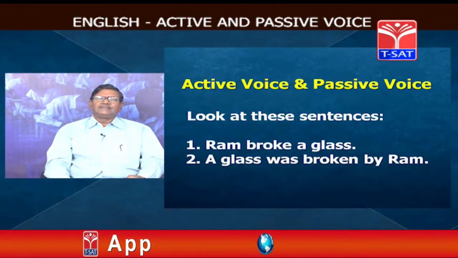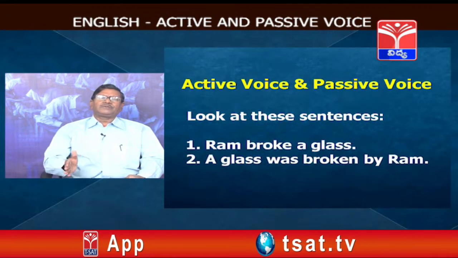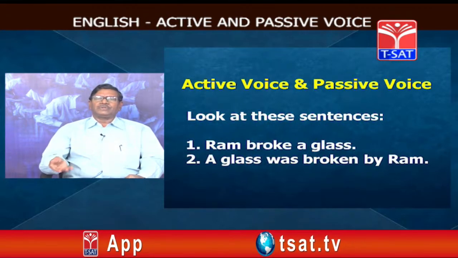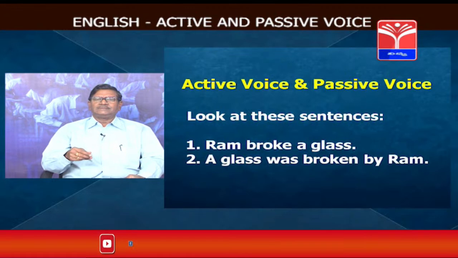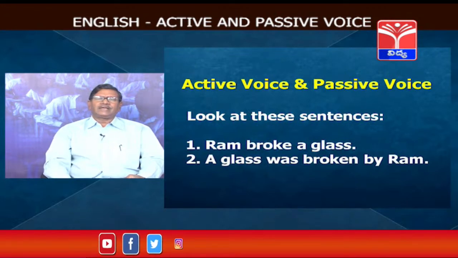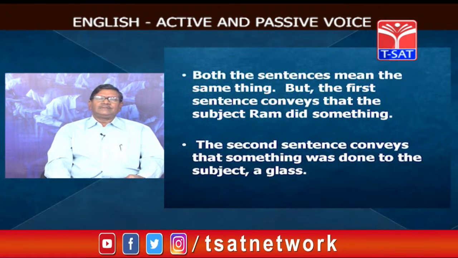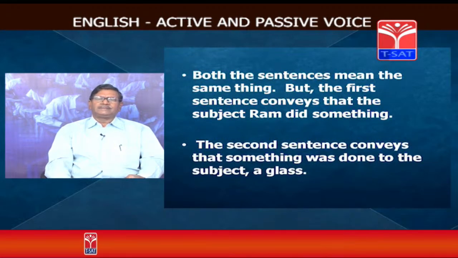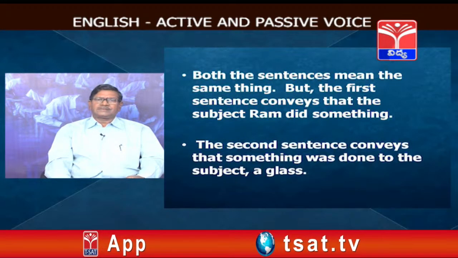Okay? Here, something happened to the glass. Glass was broken by Ram. Okay? So, even though both the sentences convey the same meaning, there is a little bit of difference.